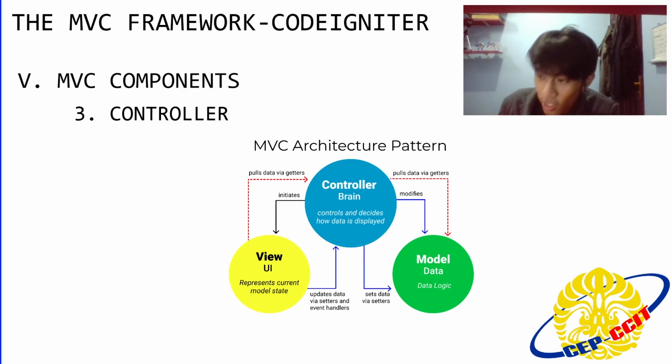The model receives the information from the controller, updates its state, and sends the required data or the update from its state to the controller, so the controller can send it to the view, so it can be presented to the user.